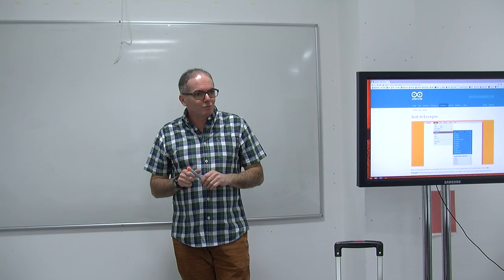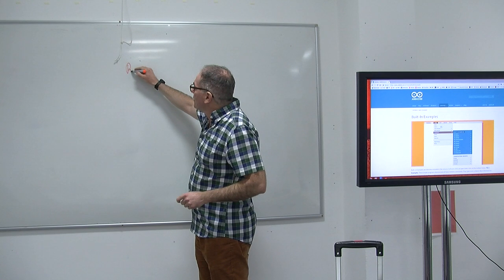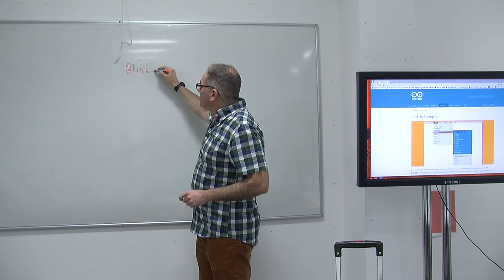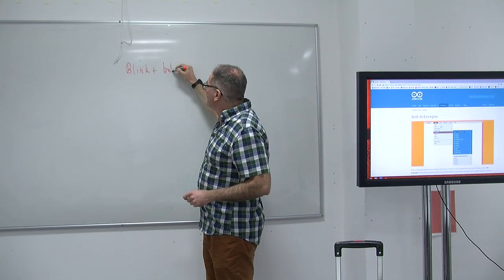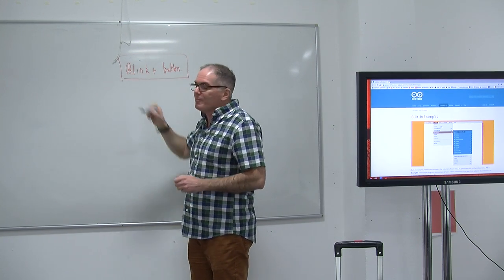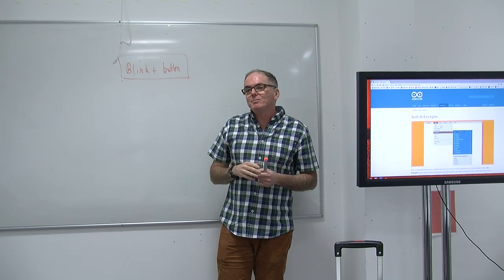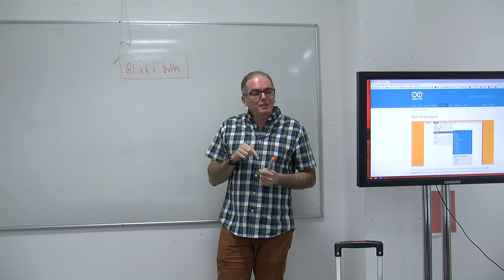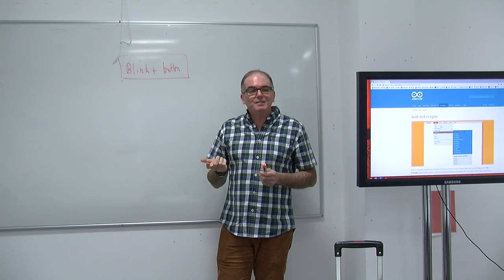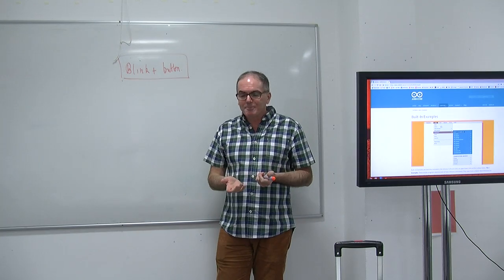And what we want to do today as an exercise is to combine the blink exercise with the button exercise to create a circuit and a program where when we press the button, a certain LED is blinking, and when you press the other button, another LED is blinking.